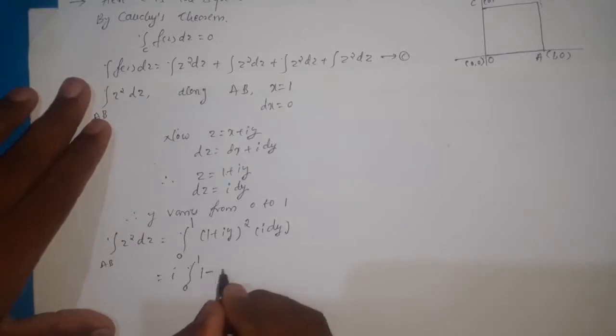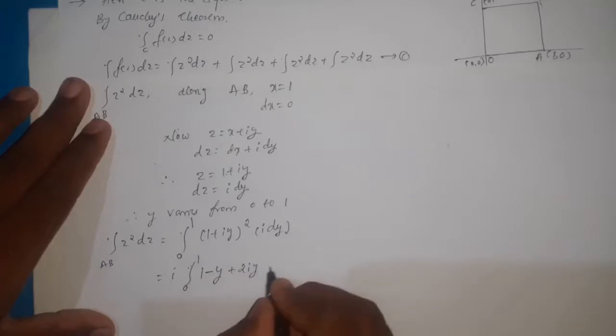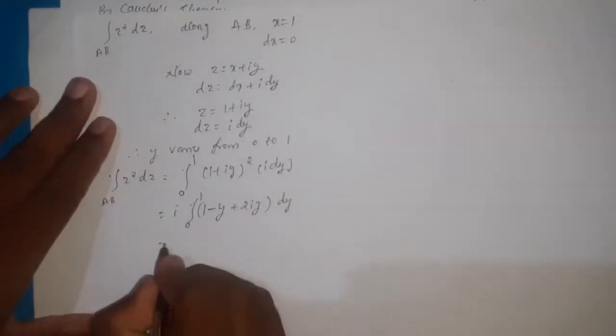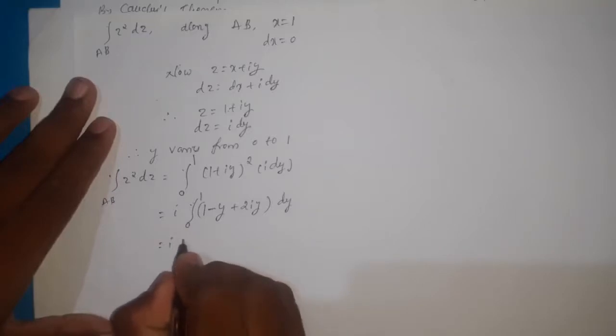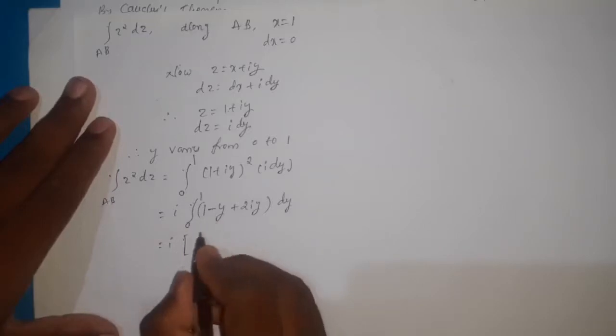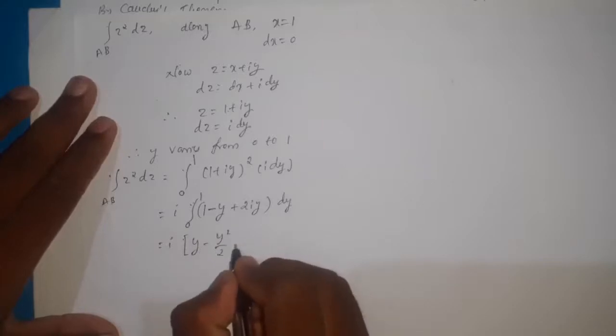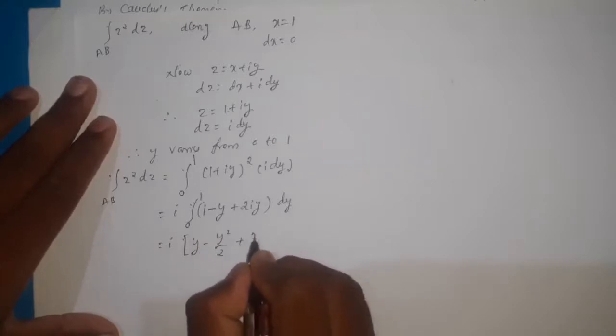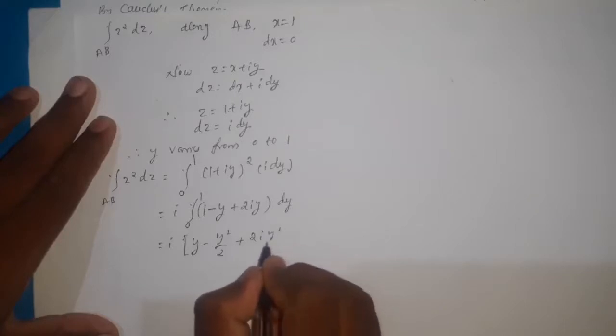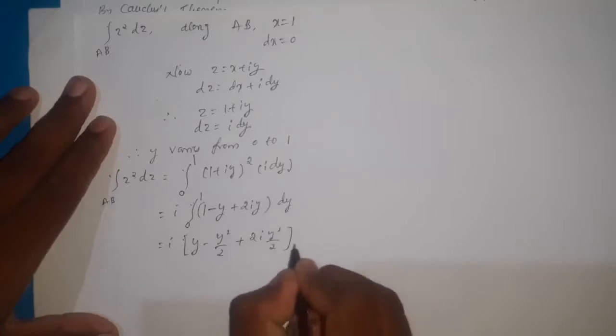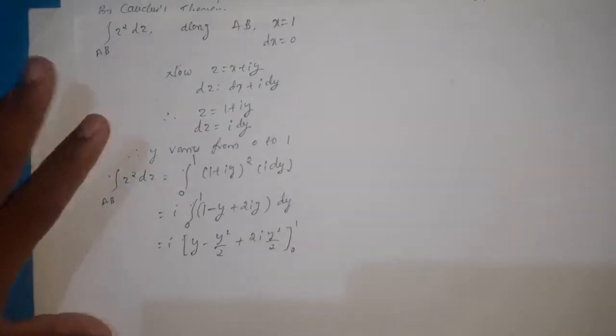So therefore (1 minus y square plus 2iy) dy. Then this is equal to i into, now integrate this one, y minus y cube by 3 plus 2i y square by 2 from 0 to 1.